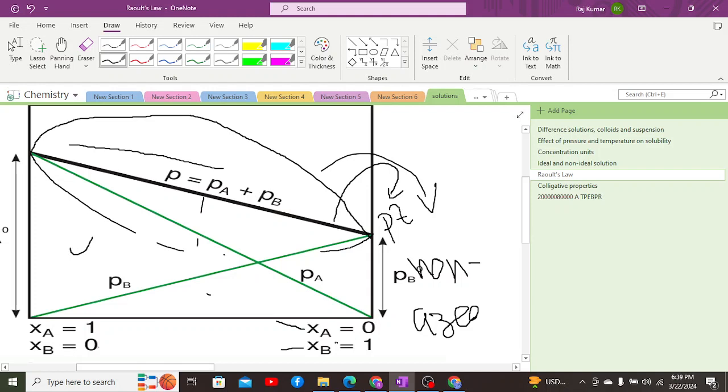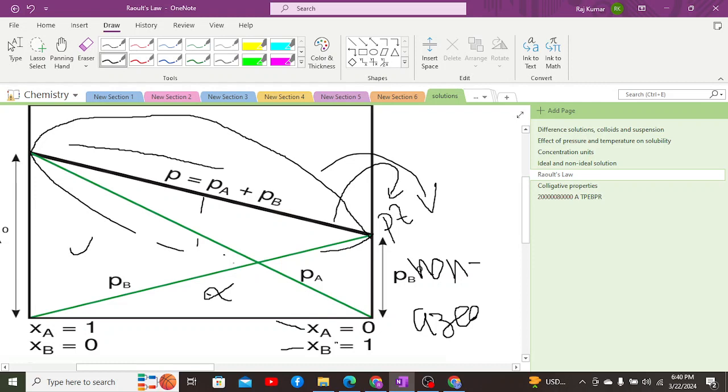But what we can really see over here is that alongside the increase in the vapor pressure of the individual solvent, the vapor pressure of the entire solution can be considered dependent on the vapor pressure of the solvent.